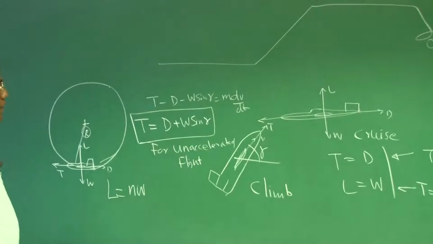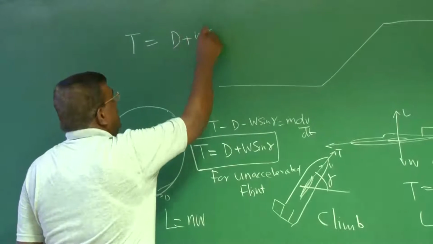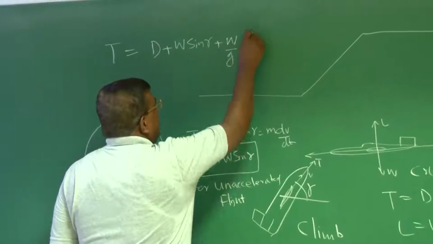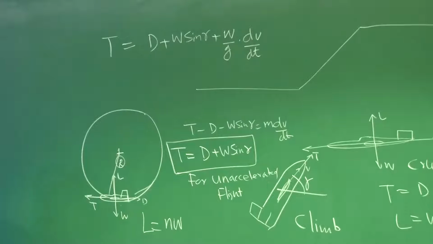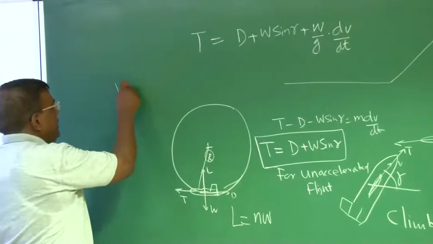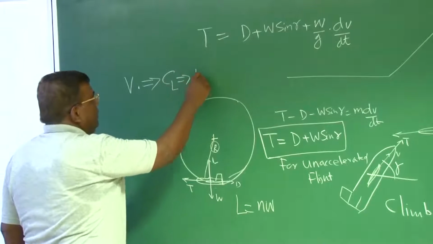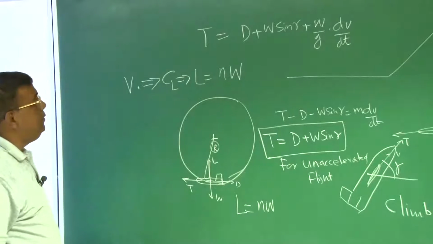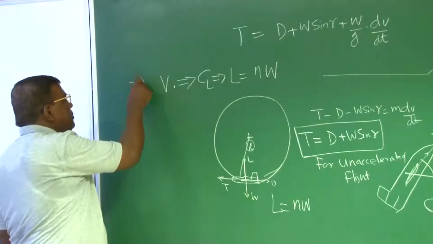If it is an accelerated flight, then thrust should be D plus W sin gamma plus m, or W by g, into whatever acceleration you want along. If I come here, it says I should have enough V such that for a given CL, lift should be equal to n times W. n could be 2, 3, 1.5, 4. So here also you could see thrust is implicitly present.